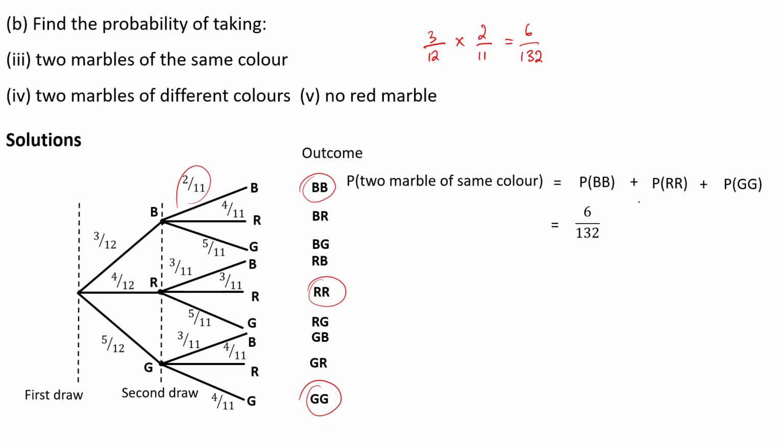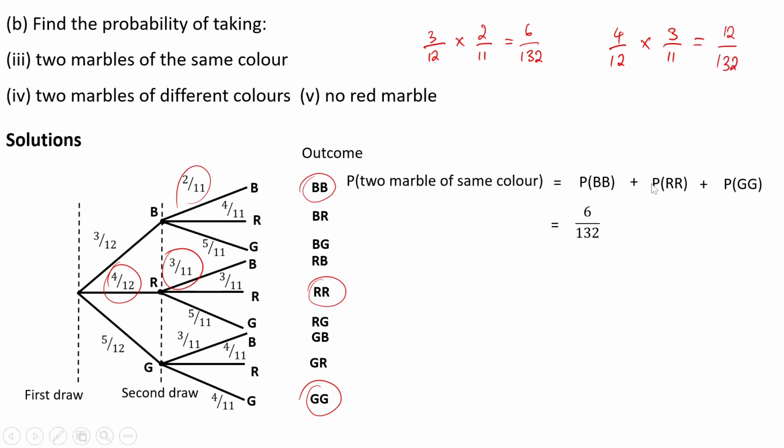Then also this one here, you pick this one times this one, which means that you have, let me put it here, 4 over 12 times what? 3 over 11, which will give you what? 4 times 3, which will be 12 over 132.